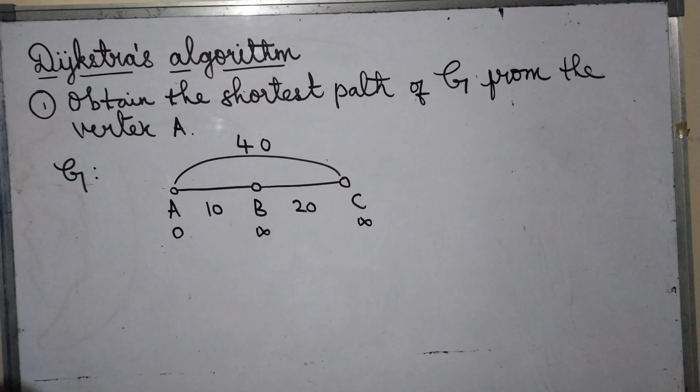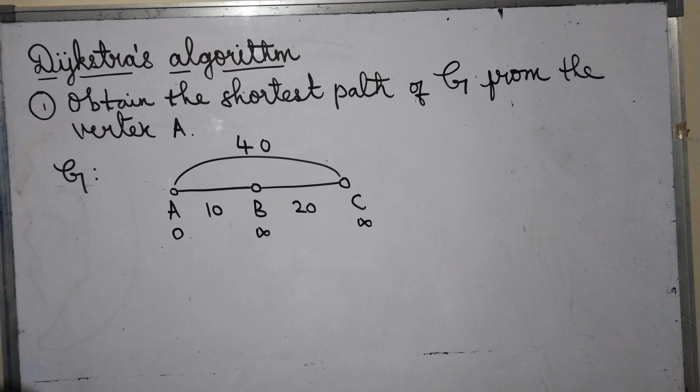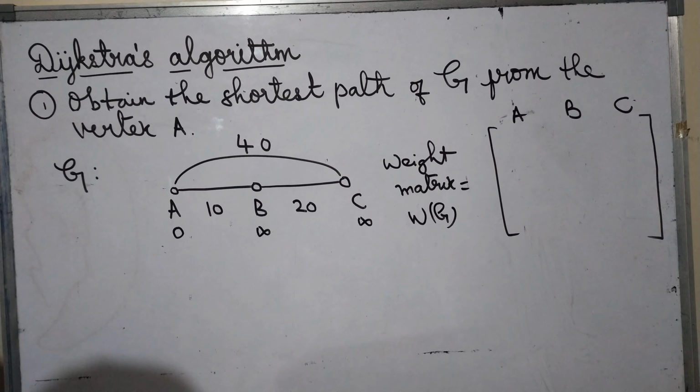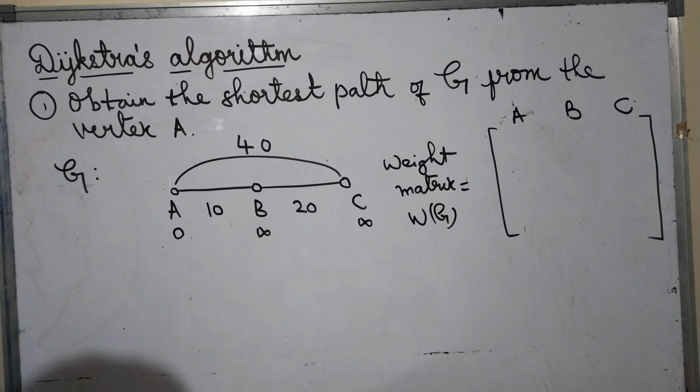Along with this we will write the weight matrix of this graph. In the first iteration we have given the permanent weight to the source vertex A as 0, and we allocated infinity to other vertices, that is the temporary weight.